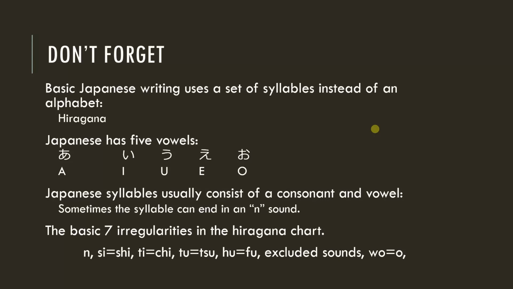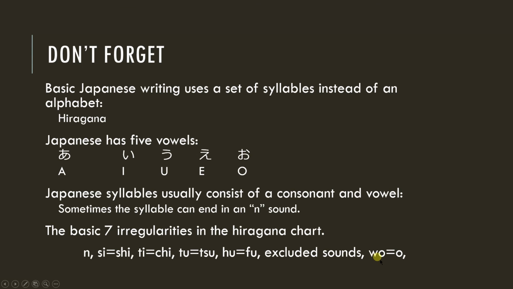And those are the n sound that we just talked about, how it can come at the end of a syllable, how there is no si in Japanese, but they say shi. They don't say ti in Japanese, rather they say chi. They don't say tu, but say tsu. Instead of saying hu, they say fu. And there are some excluded sounds.